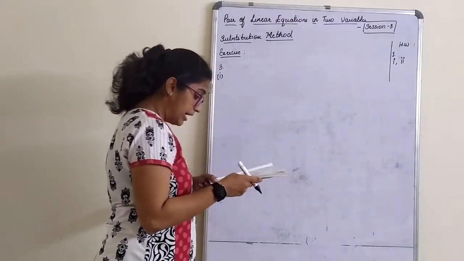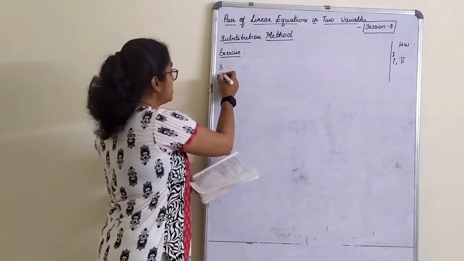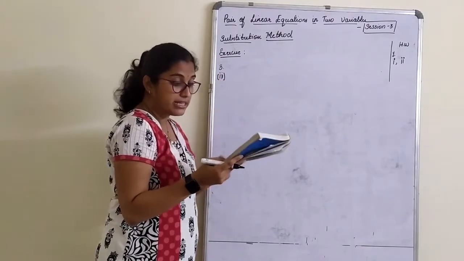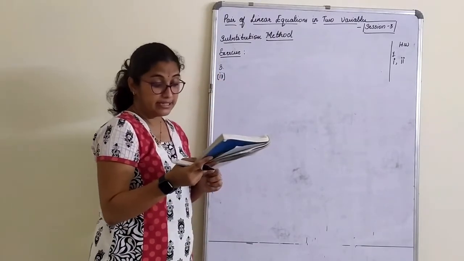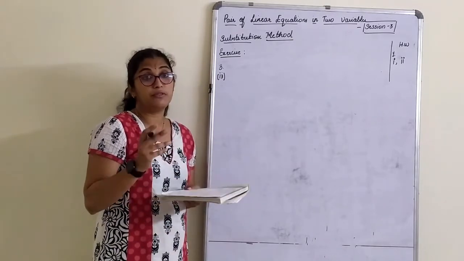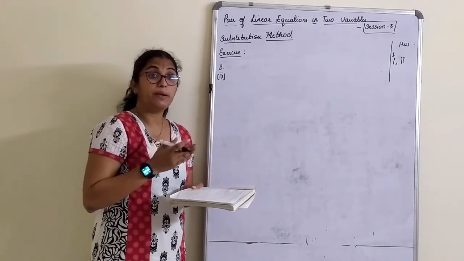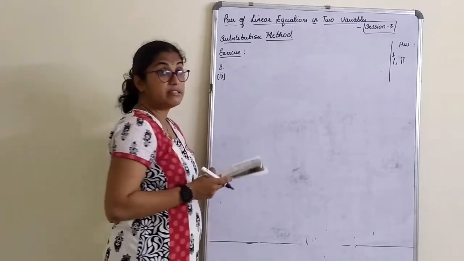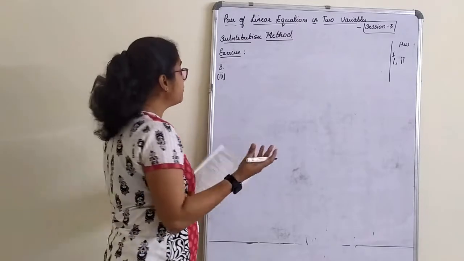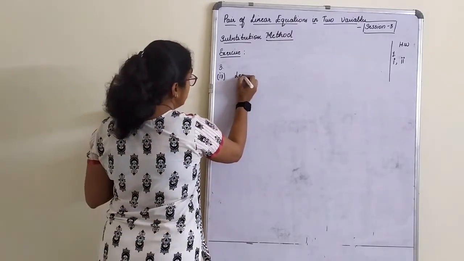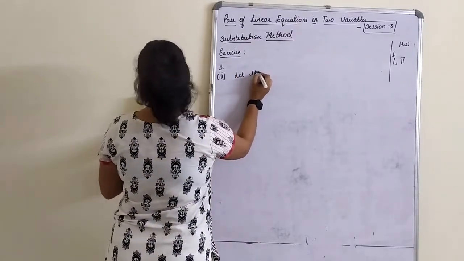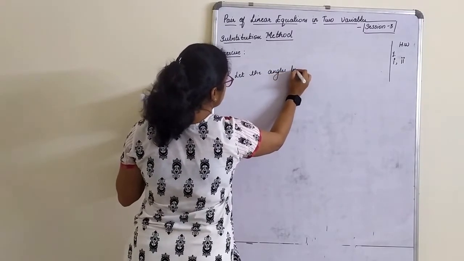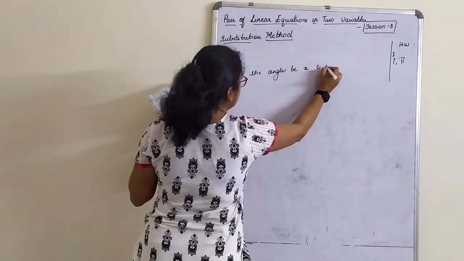Next one, larger of two supplementary angles, second one. Larger of two supplementary angles exceeds the smaller by 18 degree. Now supplementary is sum of two angles is 180. Complementary sum is 90. So first of all, let us assume the two different supplementary angles. Let the angles be x and y.